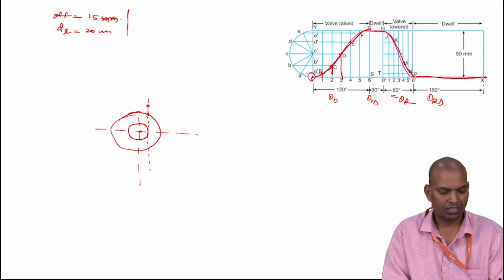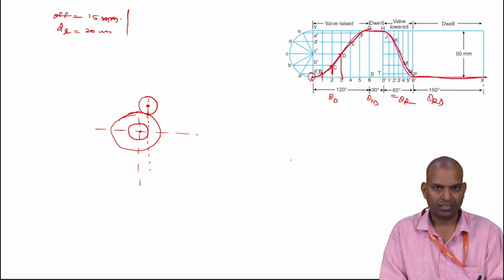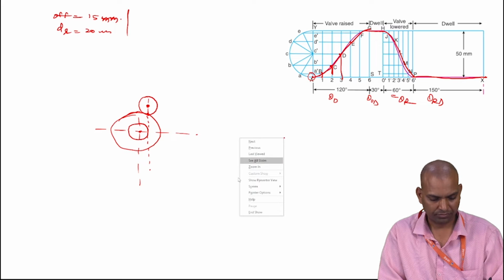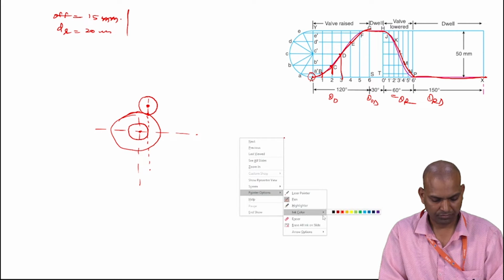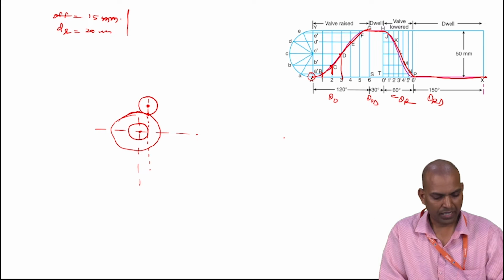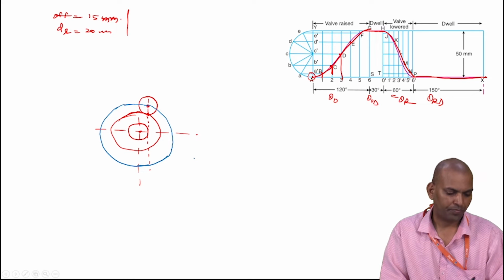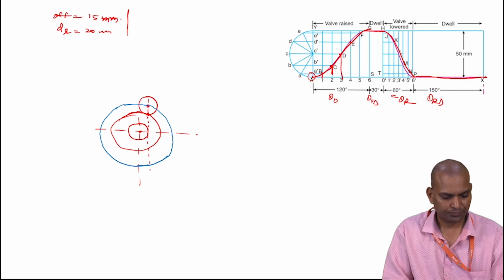This is the roller position here. And draw another circle, that is called the prime circle, passing through this.